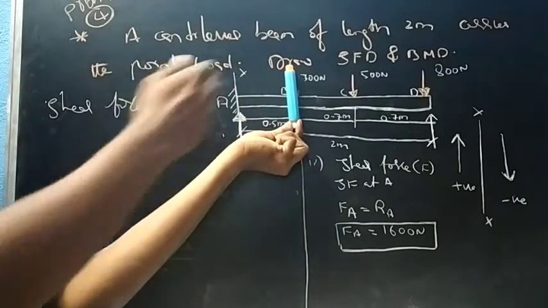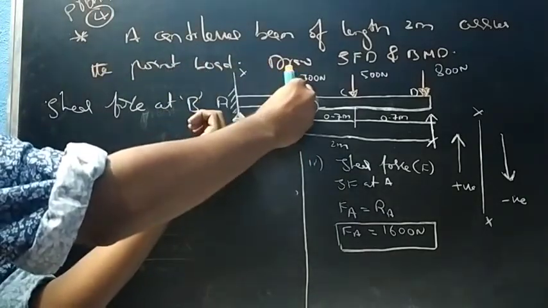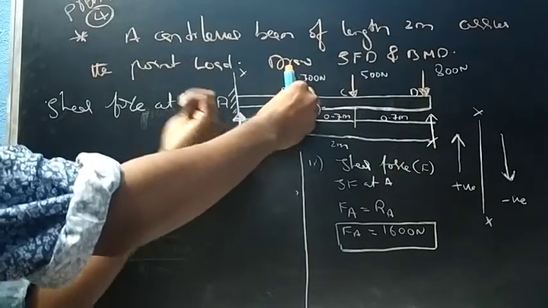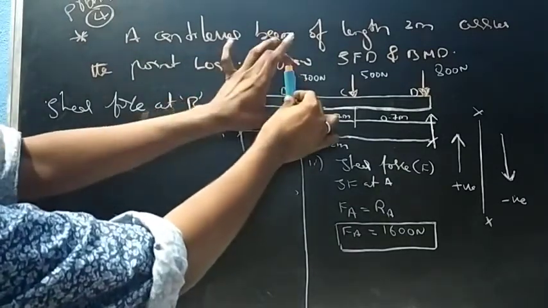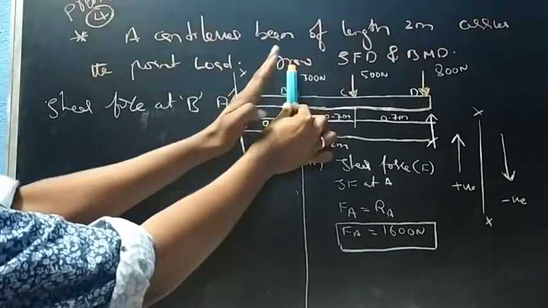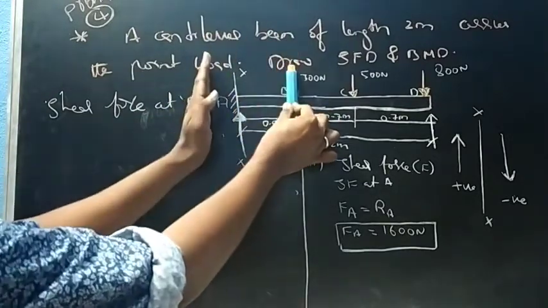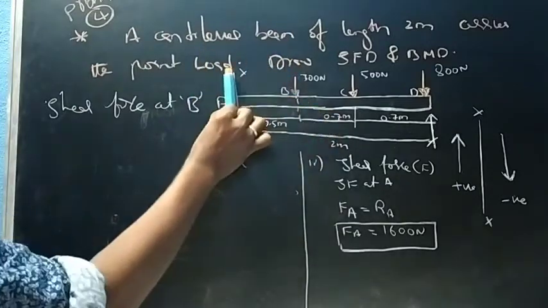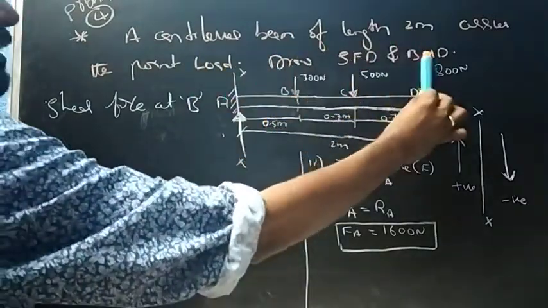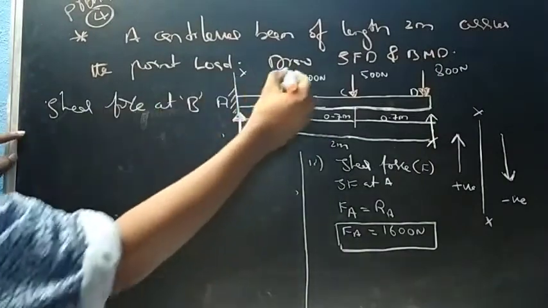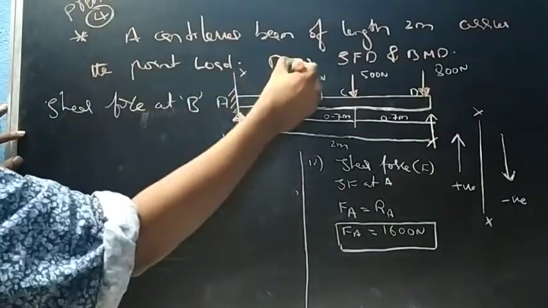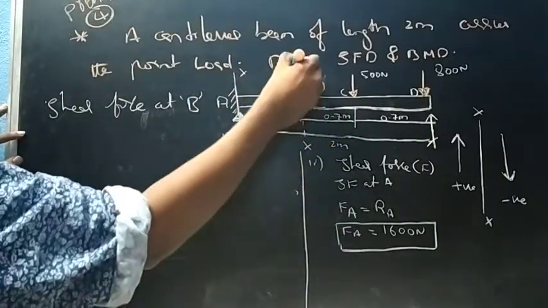Whatever forces are on my left, I am taking here. I will move from here to here, then C, then D. So here, let's draw the axis xx.